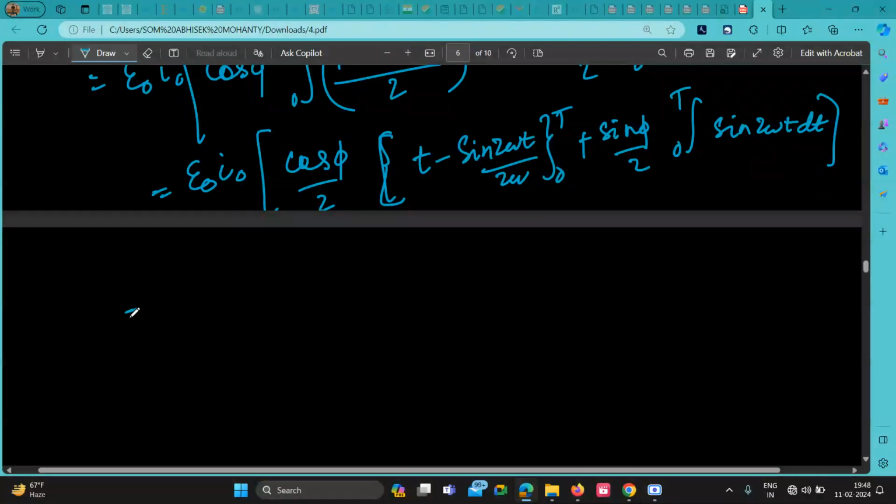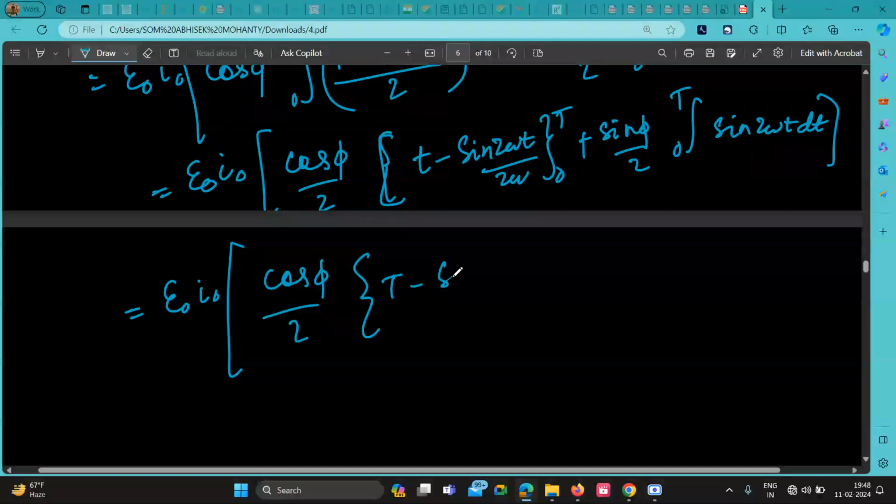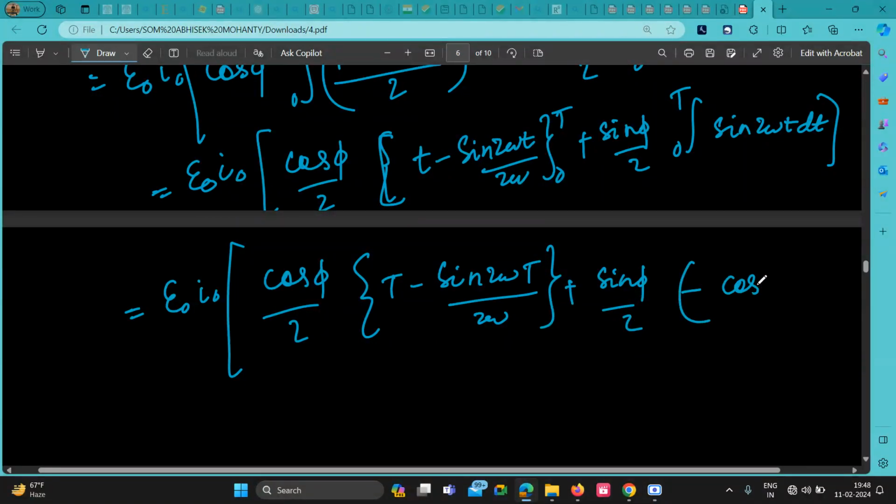Okay. E naught I naught cos phi by 2. Put the values of T here: T minus sine 2 omega capital T by 2 omega, 0 is 0, plus sine phi by 2. This integration is minus cos. Integration of sine is minus cos, from 0 to T.